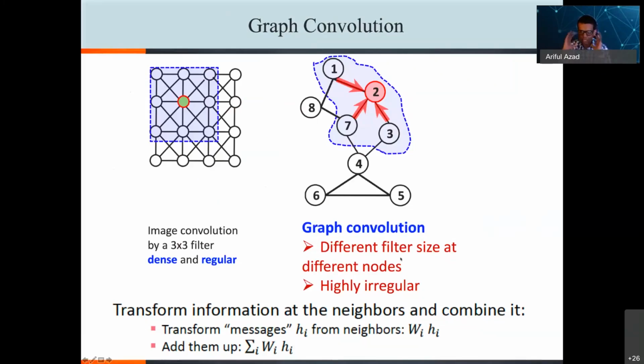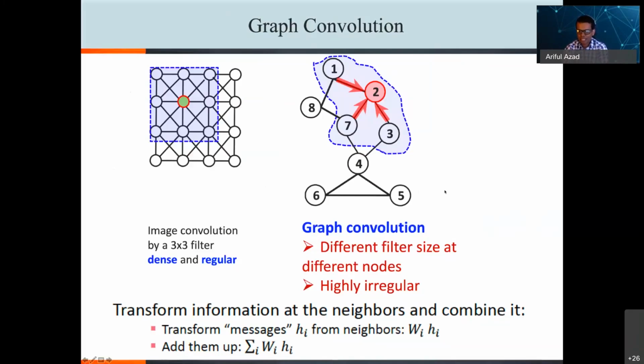In graphs, we can apply a similar concept. For vertex 2, I am applying a filter shown by this blue part. But this filter is not dense anymore because vertex 2 is not connected to everybody else. And it is irregular because the filter that I'm using at vertex 2 will be different if I apply it to vertex 5.